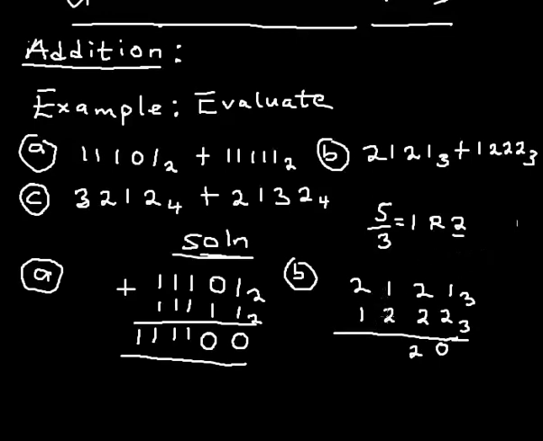What I'm carrying is 1: 1 plus 2 is 3, then plus the 1 I'm carrying, that's 4. 4 divided by 3, I have 1 remainder 1. So the remainder, I write the 1, and carry the 1. 2 plus 1 is 3, plus the 1 I carried, that is 4. 4 divided by 3 is 1, then of course remainder 1.